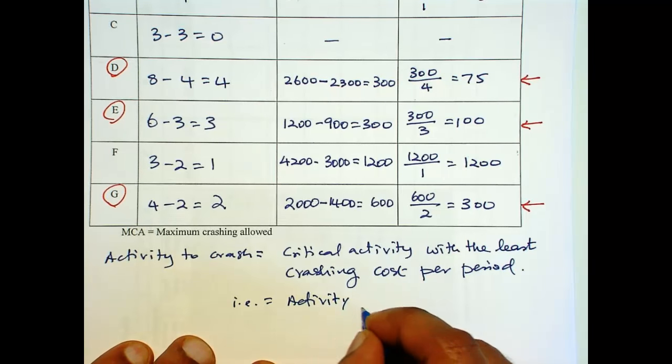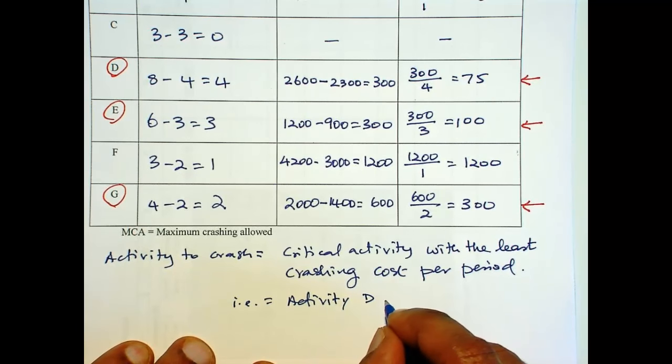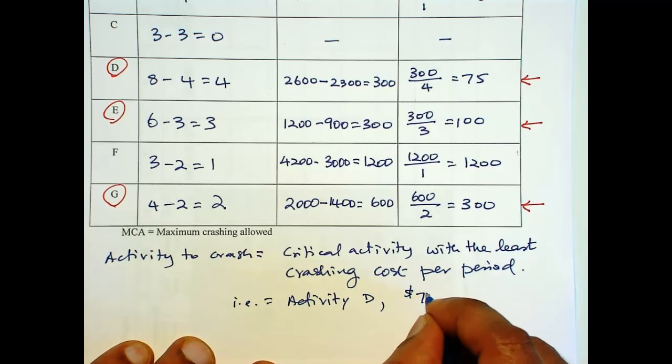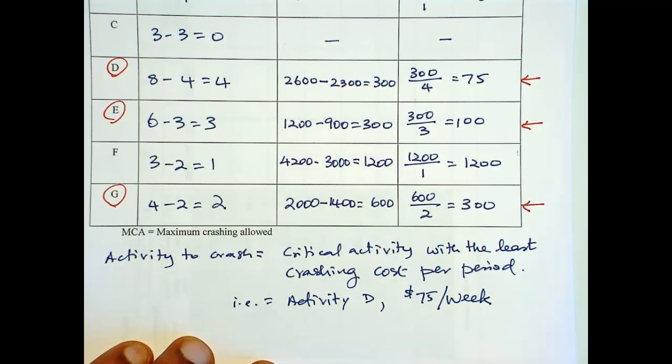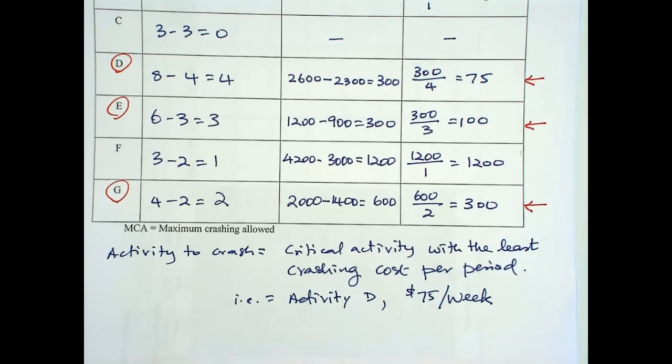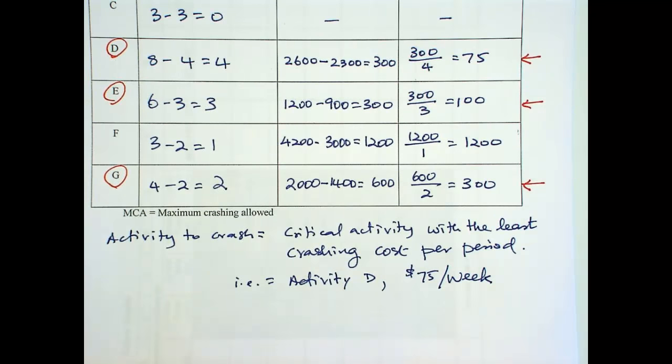Okay. Now, the next question is, how many weeks can activity D be crashed?